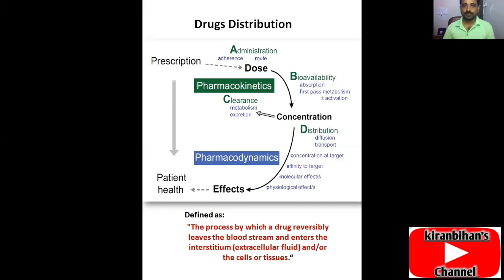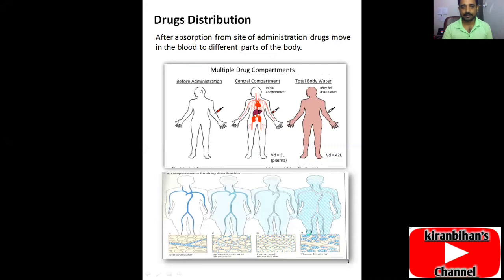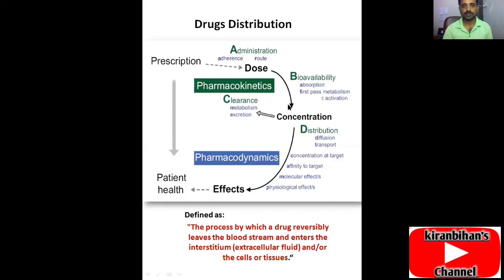Drug distribution. Drug distribution is the pharmacokinetic term which refers to the process by which a drug reversibly leaves the bloodstream and enters into the interstitium, like extracellular fluid, or inside of the cell, like intracellularly, to the target site of action.